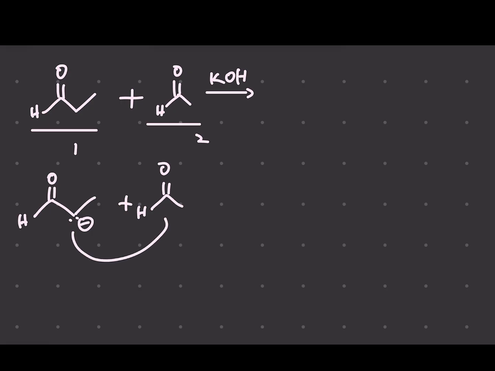So reactant 1 is going to attack the carbonyl carbon. The enolate ion is going to attack the carbonyl carbon and break the double bond and create an alkoxide ion. So that will look like this.